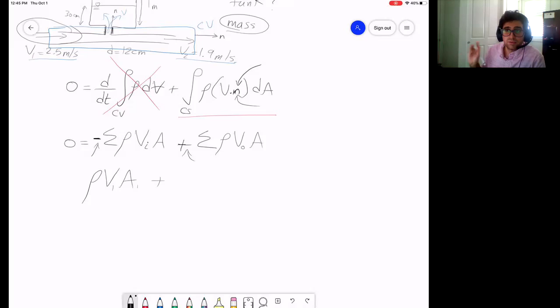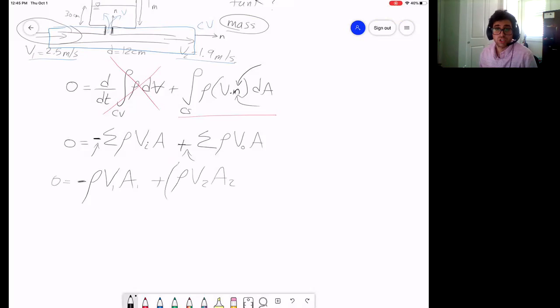You have 2 outlets, exactly. That's how we drew our control volume. We have an outlet through the pipe and to the tank. So density times V2A2. This is negative, and this is 0.